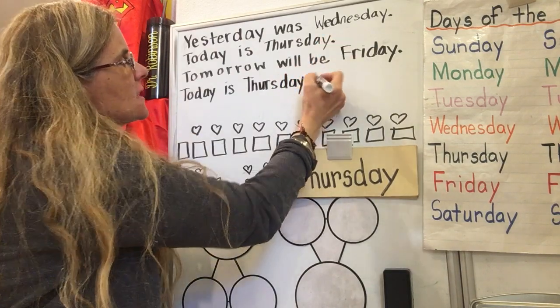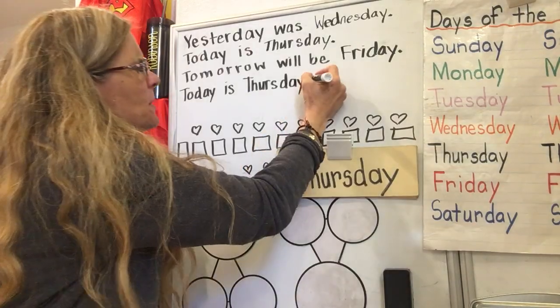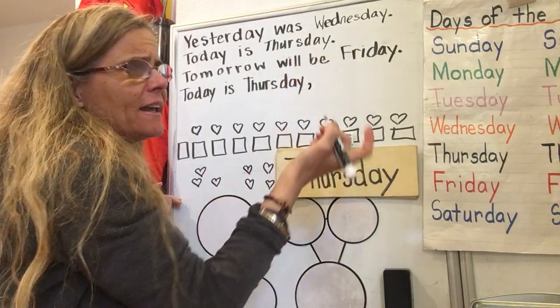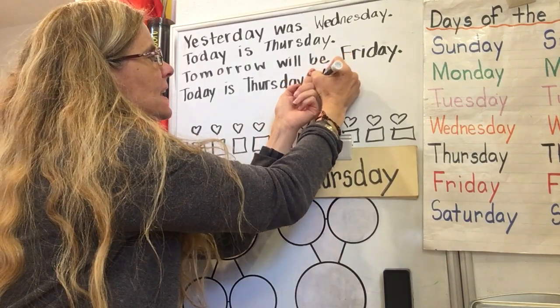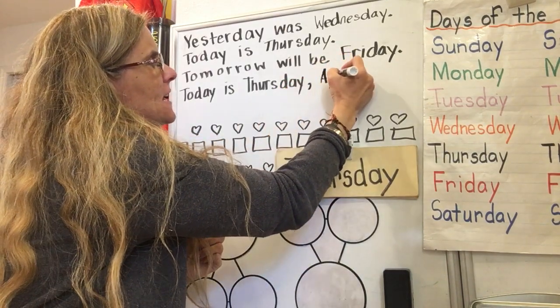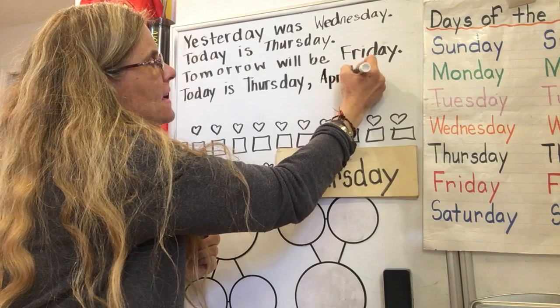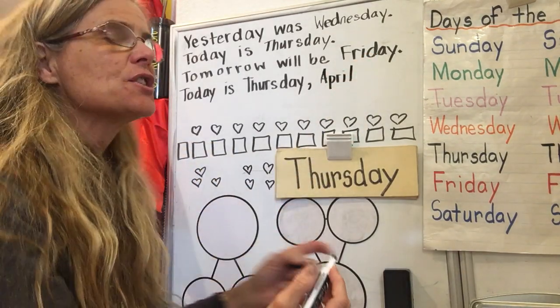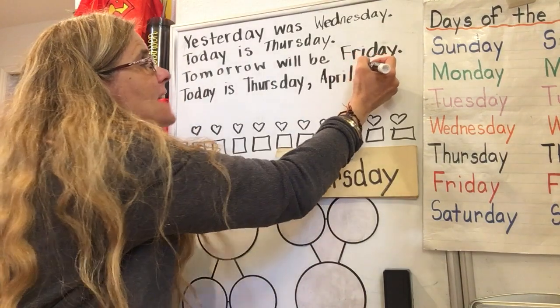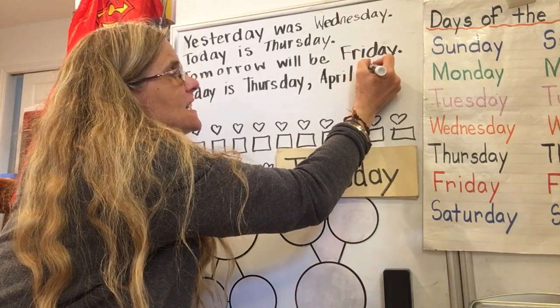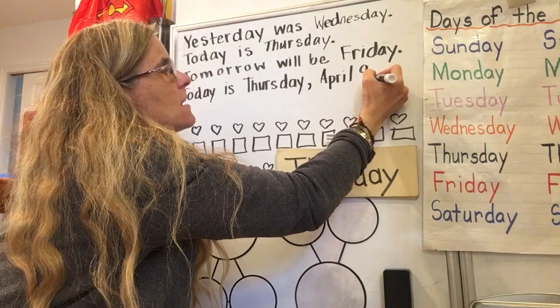Oh, I forgot a period up here. Good thing I checked. And I'm going to put a comma because I'm going to continue this, right? Today is Thursday, April, capital A-P-R-I-L. And yesterday was the 8th, which makes today the 9th, the last single-digit day in the month.